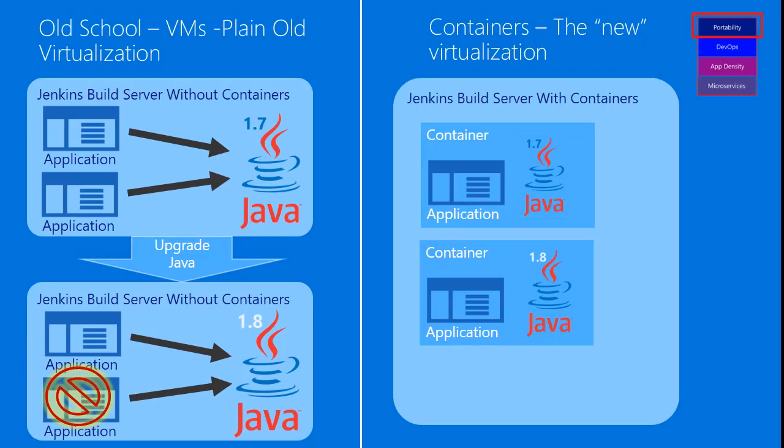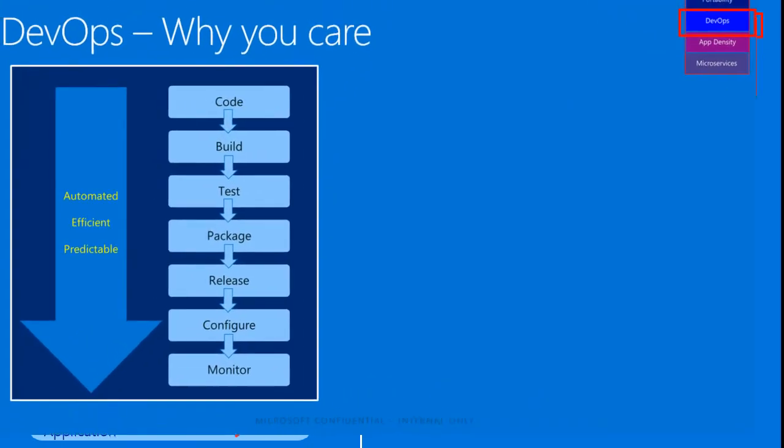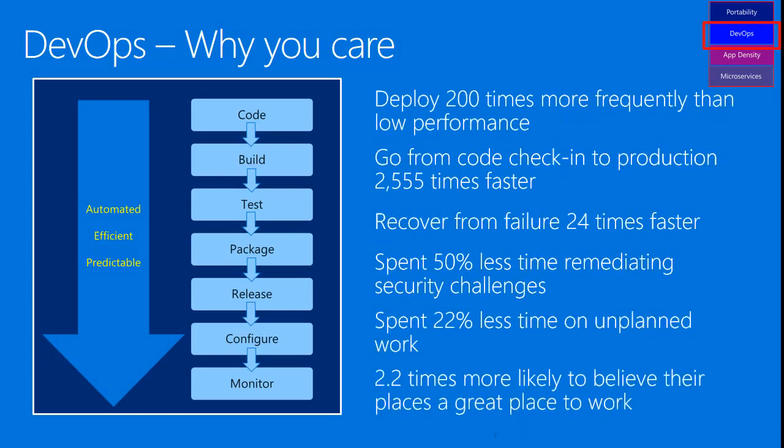So we finished talking about the portability component. Let's now talk a little bit about DevOps. Now DevOps is all about taking your code, once the developer checks it into GitHub or whatever repository you have, and then automatically triggering a build process where that application gets tested and placed into a staging or production environment, all without human intervention. Now I've got a bunch of bullet points here to the right that describe why that is such a good thing.